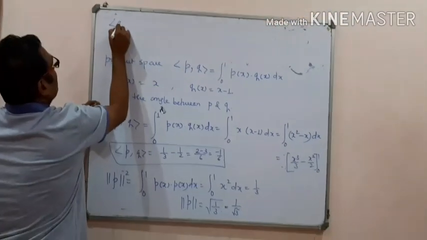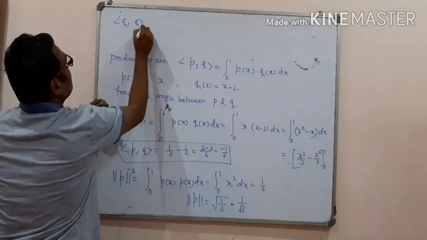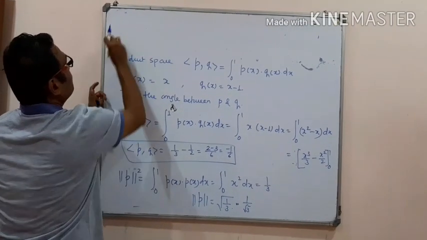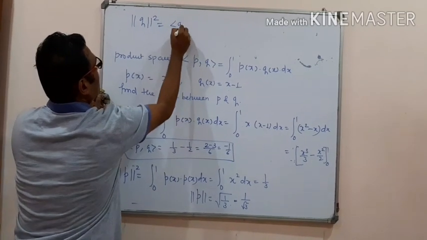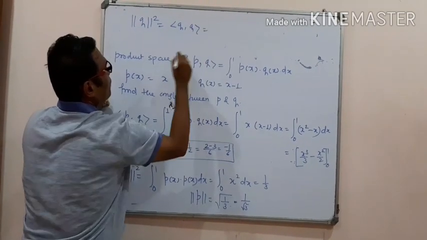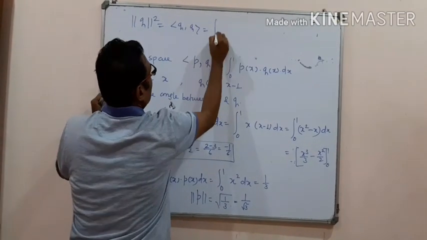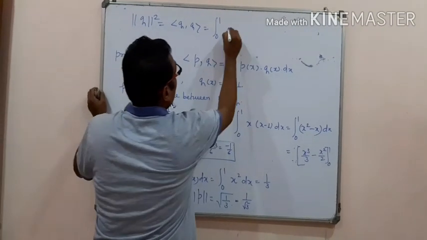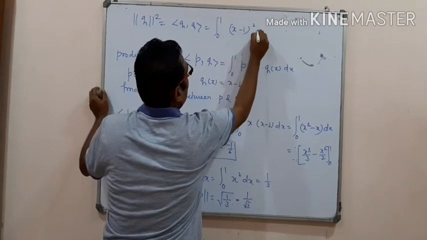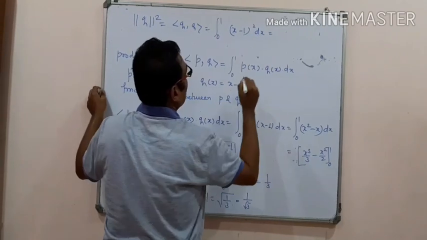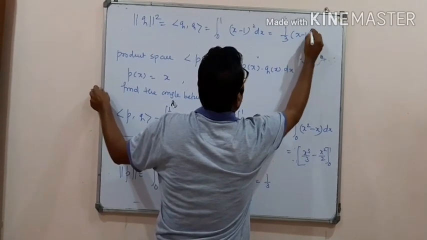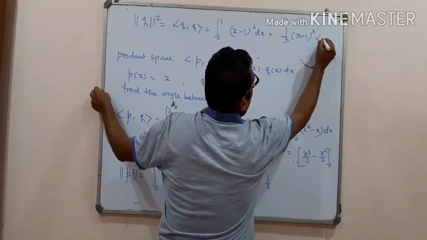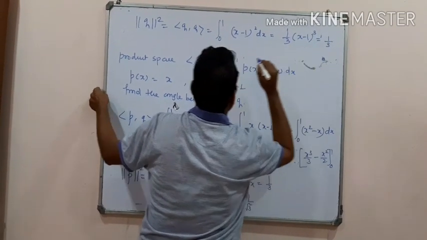The inner product of q comma q, that is the norm of q square, is equal to the integral from 0 to 1 of (x minus 1) whole square into dx, that is equal to 1 by 3 times (x minus 1) whole cube.